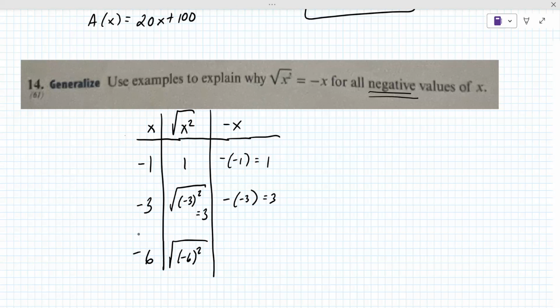Square root of 36 is 6. And then is that the same as -6? Yeah, so I think they're looking for you to say in words that this works. And I think maybe just having a table is sufficient.